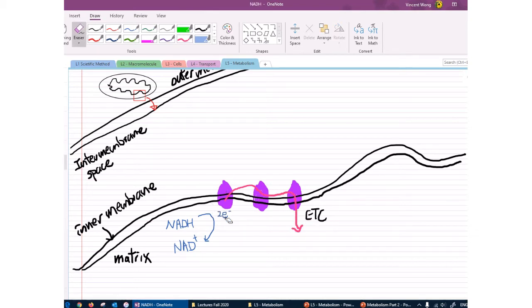As the electron is passed down the ETC, the protein will harness the energy from this high energy electron and use that energy to pump H+ from the matrix into the intermembrane space. So as the electron goes down the ETC, the energy is used to pump H+.